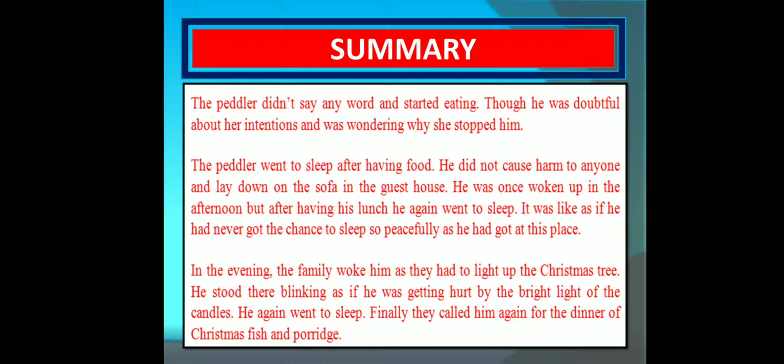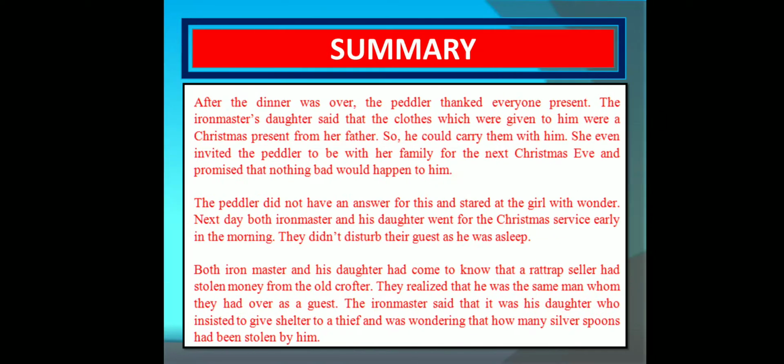He stood there, blinking as if he was getting hurt by the bright light of the candles. He again went to sleep. Finally, they called him again for the Christmas dinner of fish and porridge. After the dinner was over, the peddler thanked everyone present.